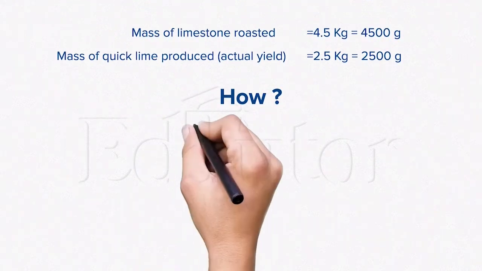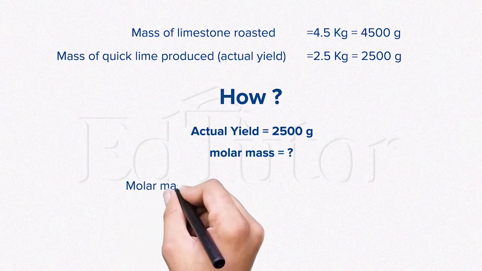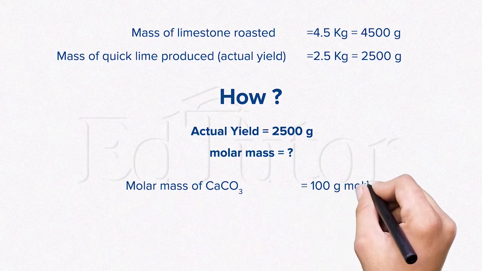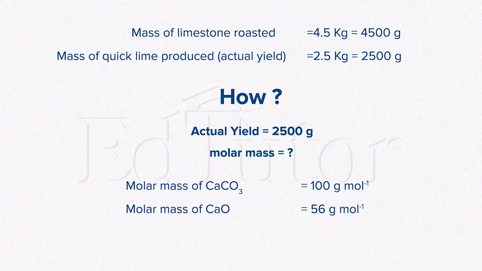Well, we do know the actual yield which is given in the question itself, which is 2500 grams. But we do not know the theoretical yield, correct? So to find out this theoretical yield, we first need to find out the molar mass of both calcium carbonate and calcium oxide. The molar mass of calcium carbonate is equal to 100 and that of calcium oxide is 56.